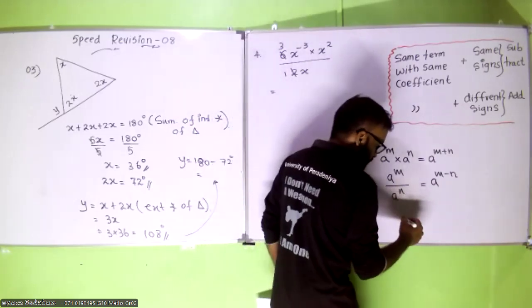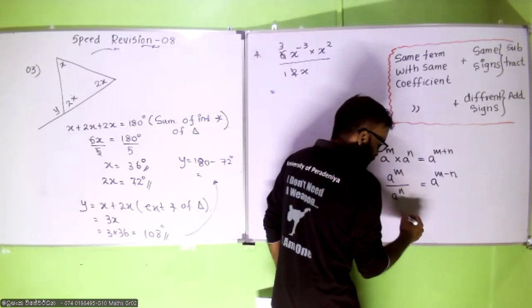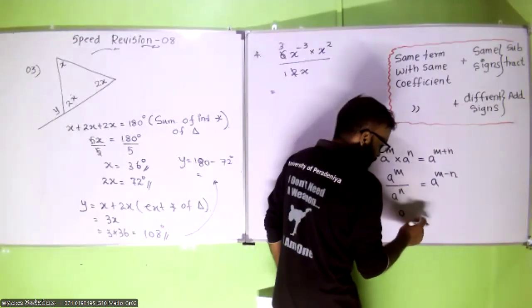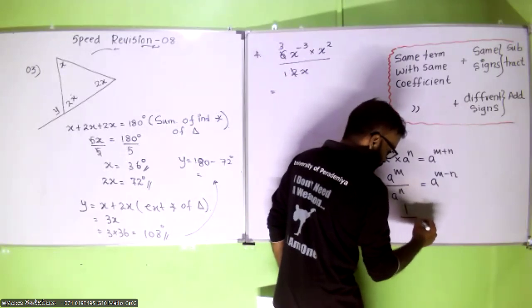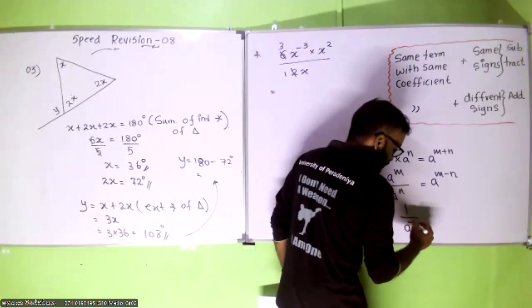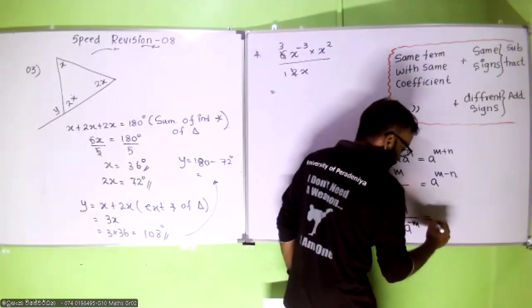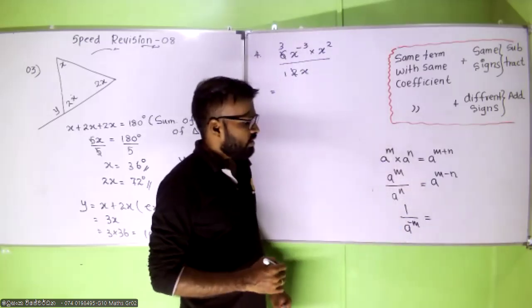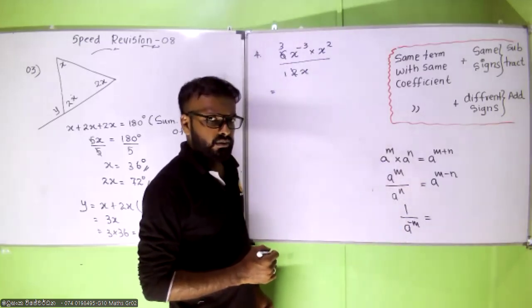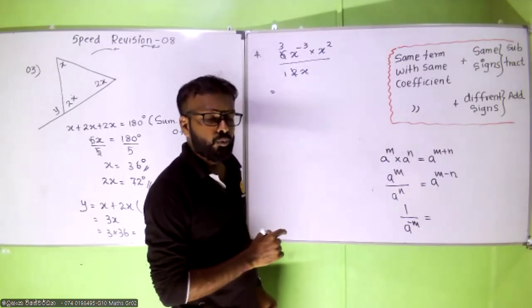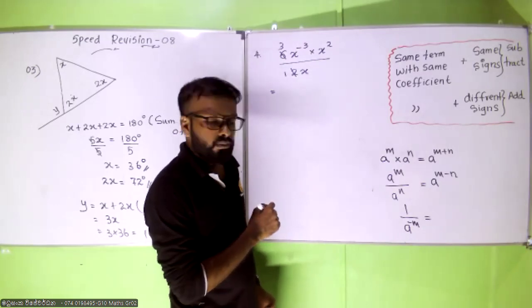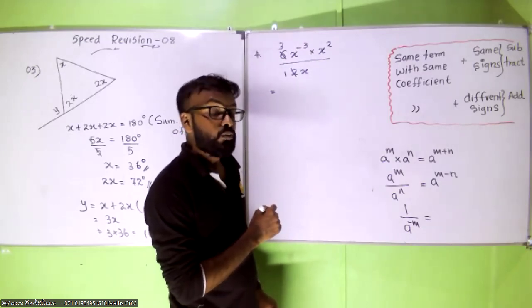And if you have something like a to the power minus n, this is a negative power. How are we going to make sure that you have a positive power?